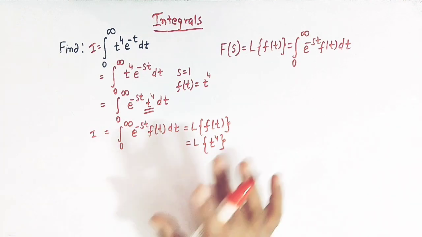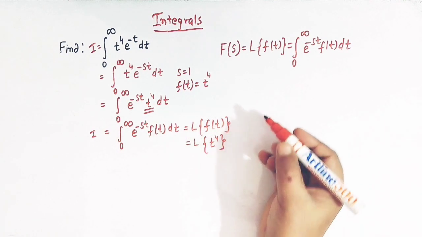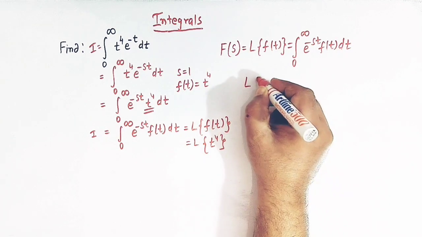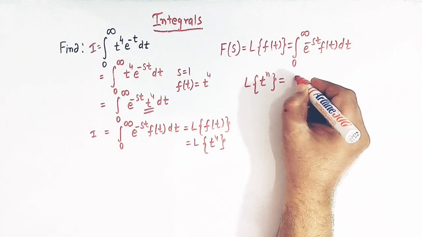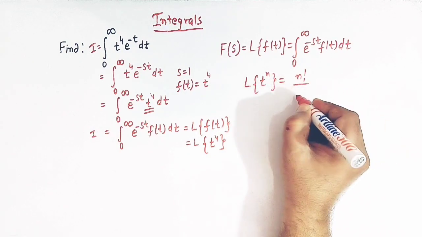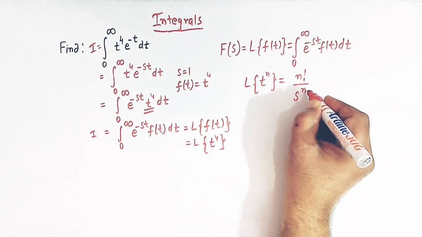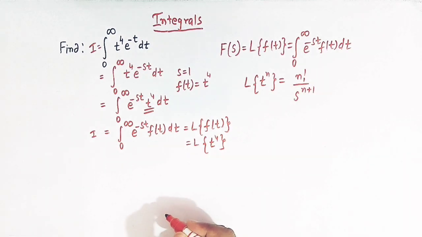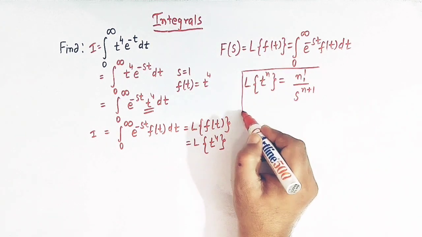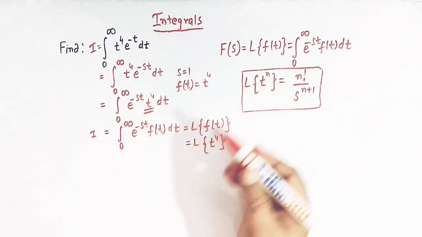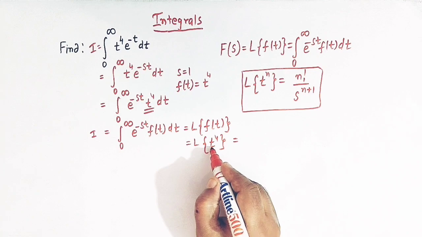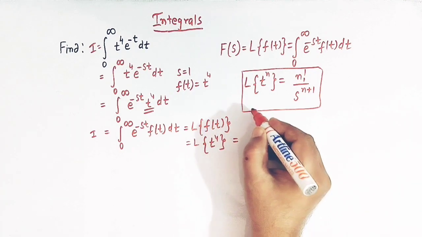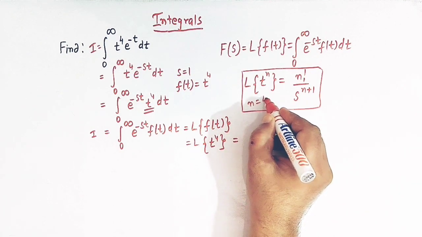For this we will use a standard result: the Laplace transform of t raised to n is given by factorial n divided by s raised to n plus 1. This is a standard result from Laplace transforms. Here we have t raised to 4, so the value of n is 4.